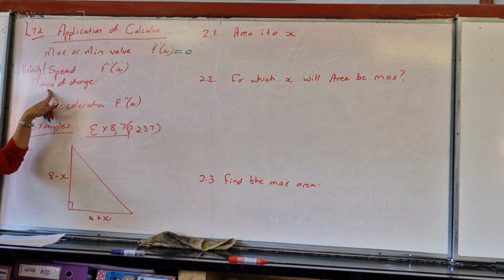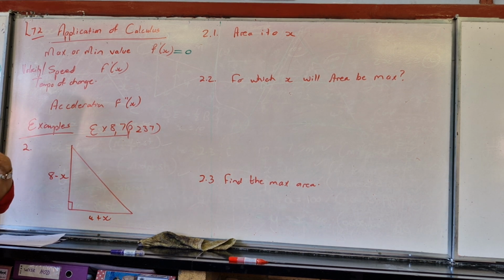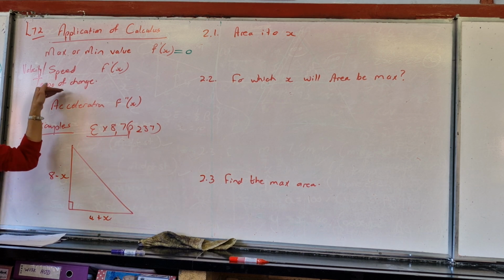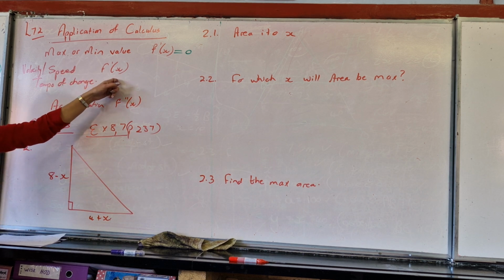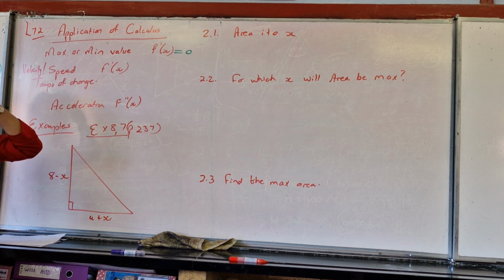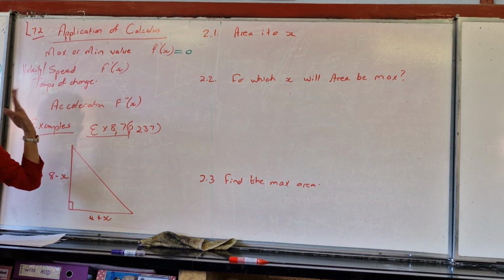So if they talk of the tempo at which something changes, or the rate at which something changes, do you see it being a speed at which something changes? Speed being derivative. Then acceleration doesn't get asked a lot, but if it does, you should know that that is the double derivative.